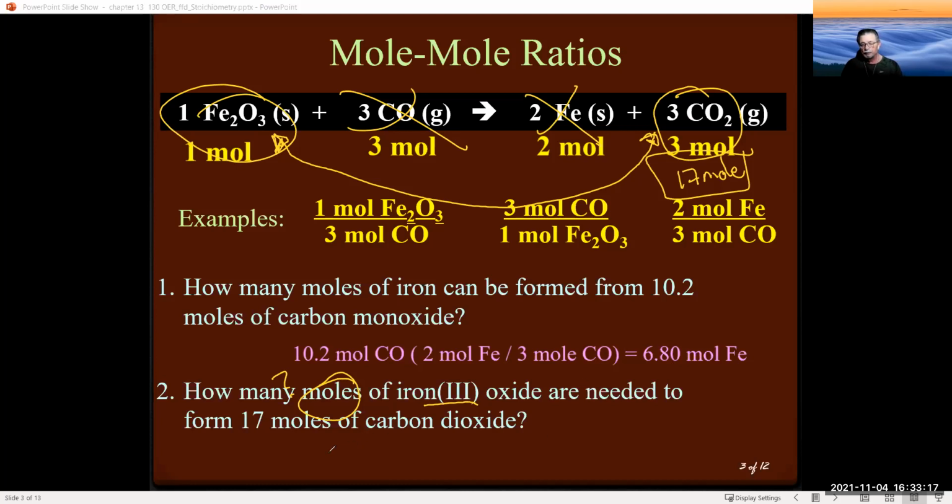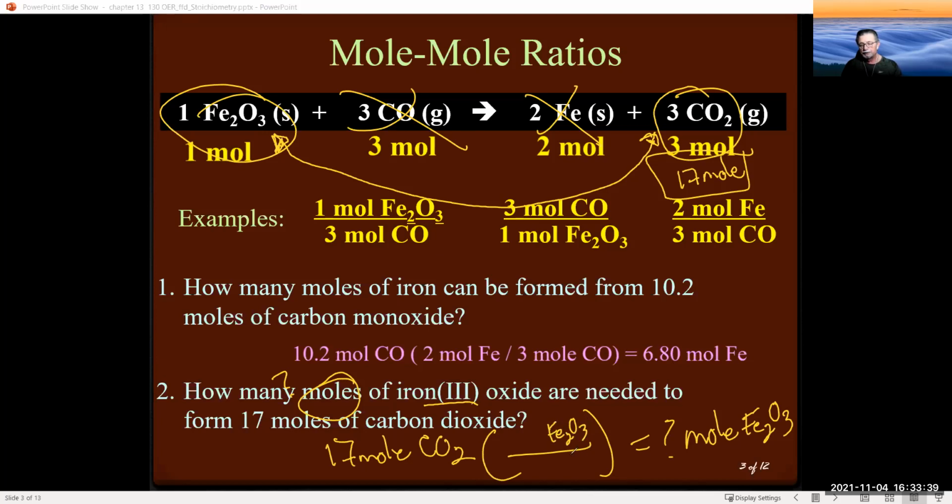Again, we write down what we are given, which is 17 moles of carbon dioxide. We know we have a conversion factor, and we're looking for moles of iron 3 oxide. So obviously iron 3 oxide is in the numerator and carbon dioxide is in the denominator.